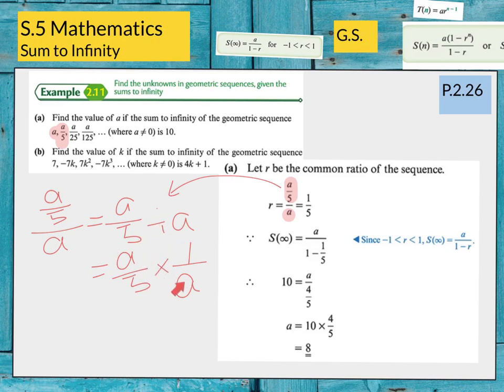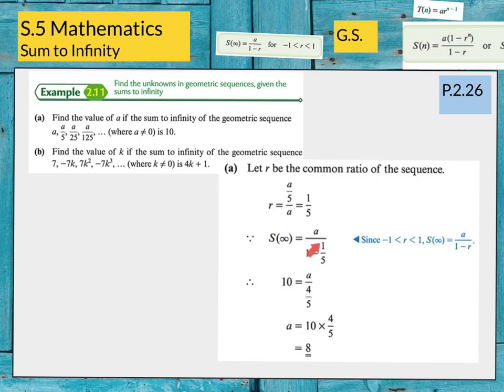So that's why these two are cancelled and we get 1/5. Then the second important part is we use the sum to infinity. We know the value is 10, so 10 is here. Then substitute, you get A divided by 1 minus 1/5. Then multiply 4/5 to here, then you get A equals 8. So this is just substitute to get the result.